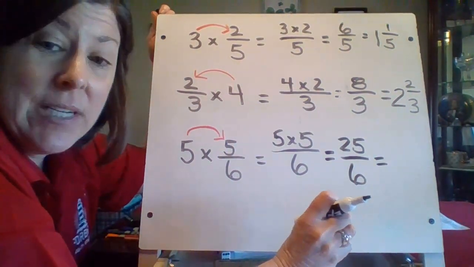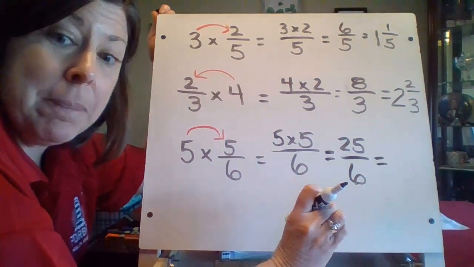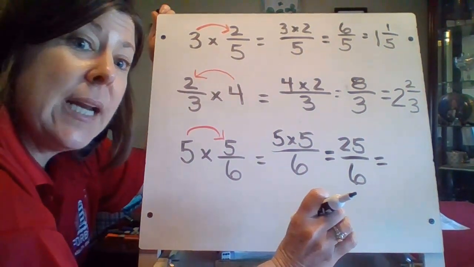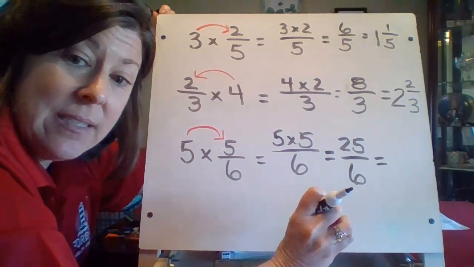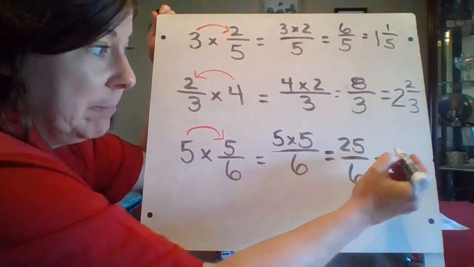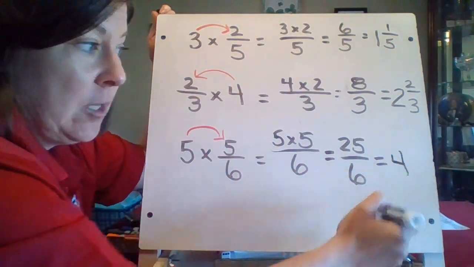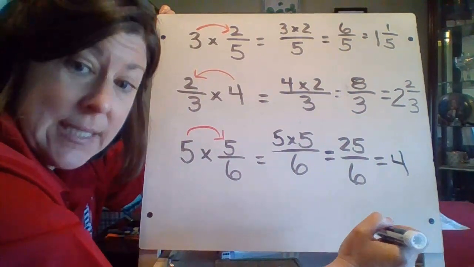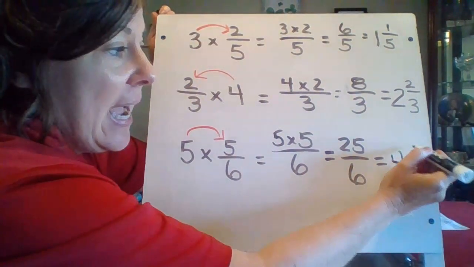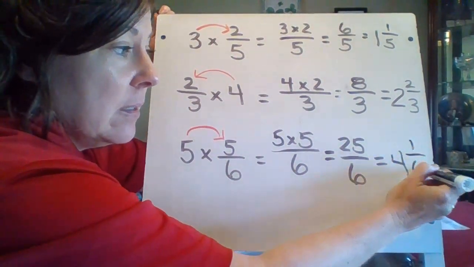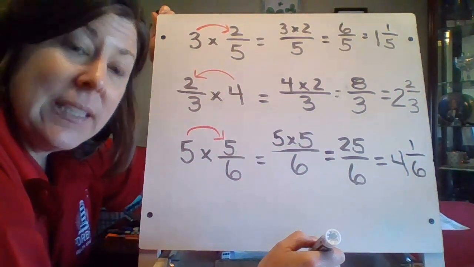And yes, I have another improper fraction. So how many wholes can I get from 25/6? Well, I can get 4 of them, which is 24/6. And then I still have 1/6 left over.